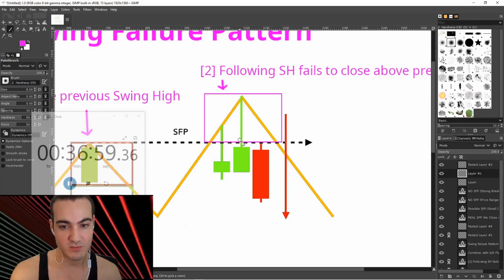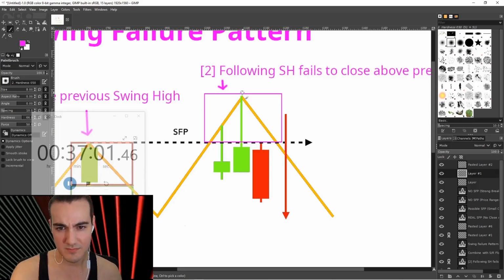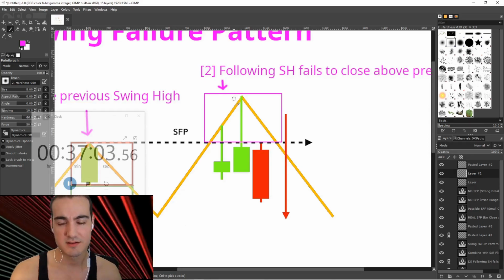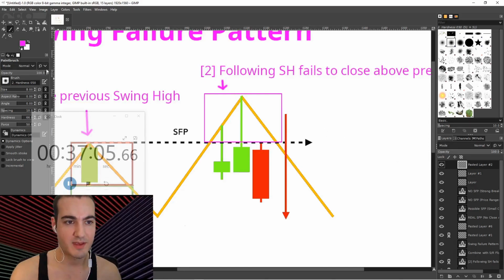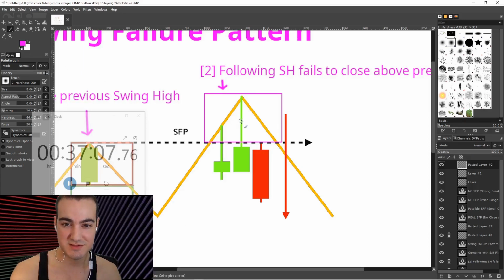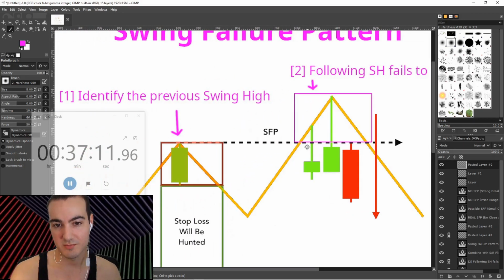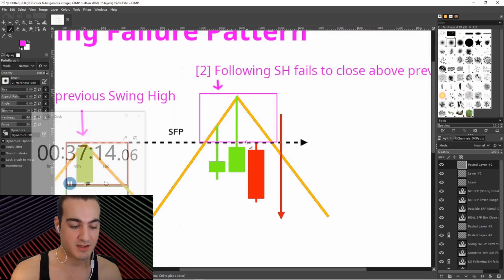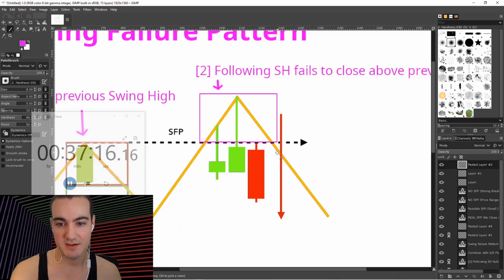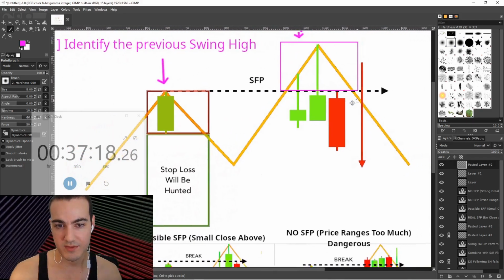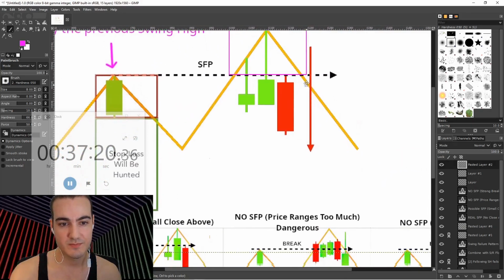So we have these wicks coming up, and if this was the whole candle body, it wouldn't look that bad. But because it's just the wicks, and the body closes below the previous swing high, it indicates a weakness in the trend with a possible reversal.